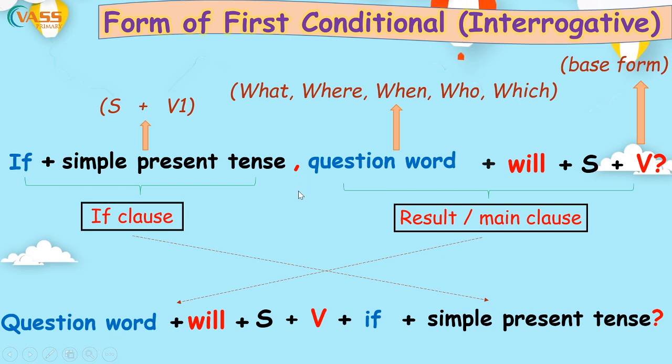Just need to remember that when the if clause is at the beginning, we have a comma. If the if clause is at the end, we do not have a comma. Okay, and the main clause, future tense, if clause, simple present tense. Okay, take a good look.